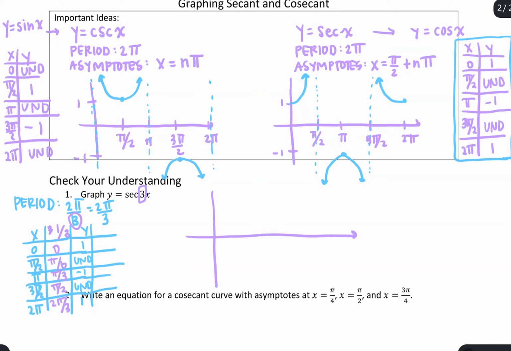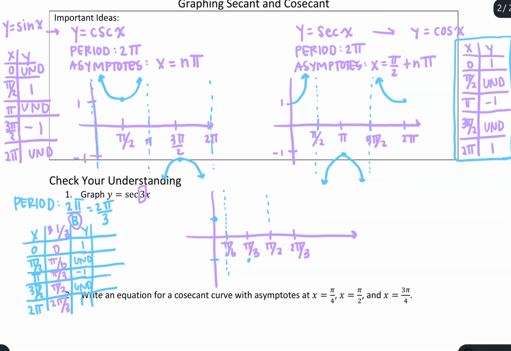Okay. So we'll be at 0. So now I'm going to scrunch it up a little bit. I'm not very good at scrunching when I have to draw my own table. Okay. So at 0, we're going to be up at 1. At pi over 6, we're going to be where? Undefined. At pi over 3, I'm going to be at a -1.